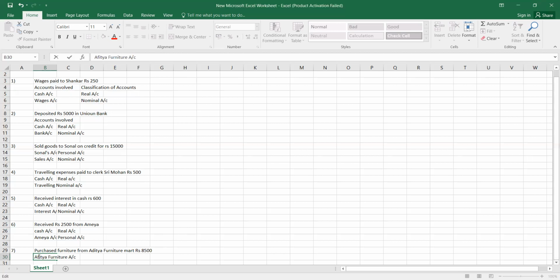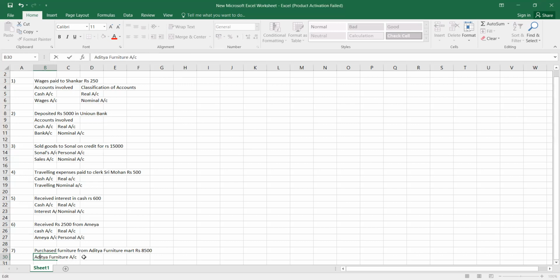Okay, so in this case, we don't say cash account to furniture account because over here it is not said that we have paid cash for it or not. If they would have said purchased furniture from Aditya Furniture Mart for cash rupees 8,500, then your cash is going out. So then definitely your cash account is impacted. But in this case, it is not mentioned here.